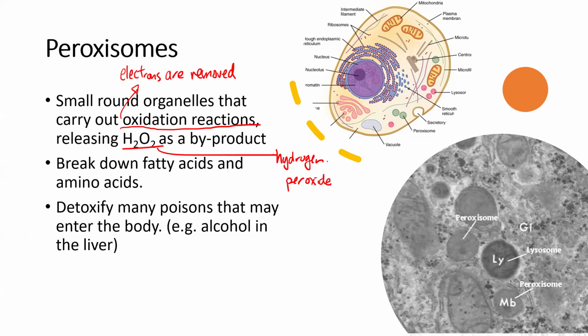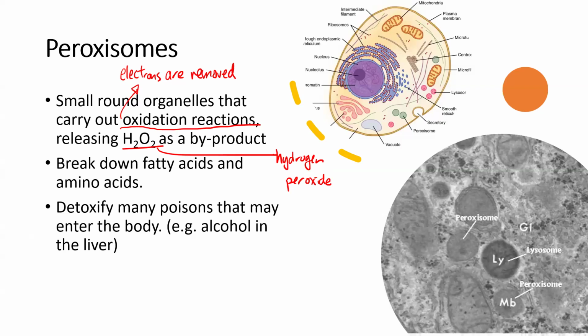Now, hydrogen peroxide is very toxic for the cell. That's why we can't have it going all over the place. You need to contain these kinds of reactions, and that's why we do them in the peroxisome. So we use the peroxisome to break down fatty acids and some amino acids. And it also helps detoxify poison.